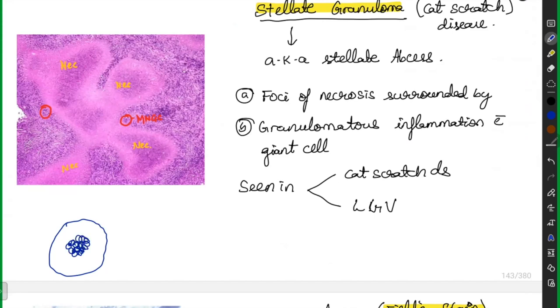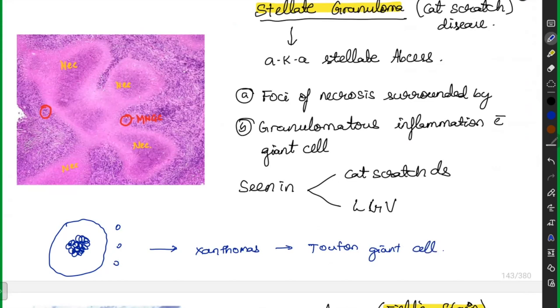So the surrounding will be pinkish in color, with a cell here and there, and in the center you're going to have a ring of nuclei surrounded by a foamy cytoplasm. This is seen in xanthomas. What is the type? Touton's giant cell. Clear?